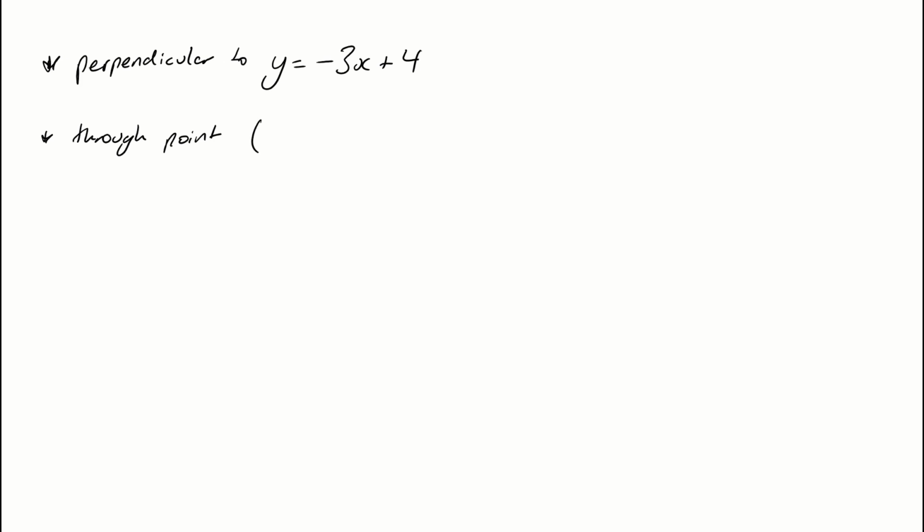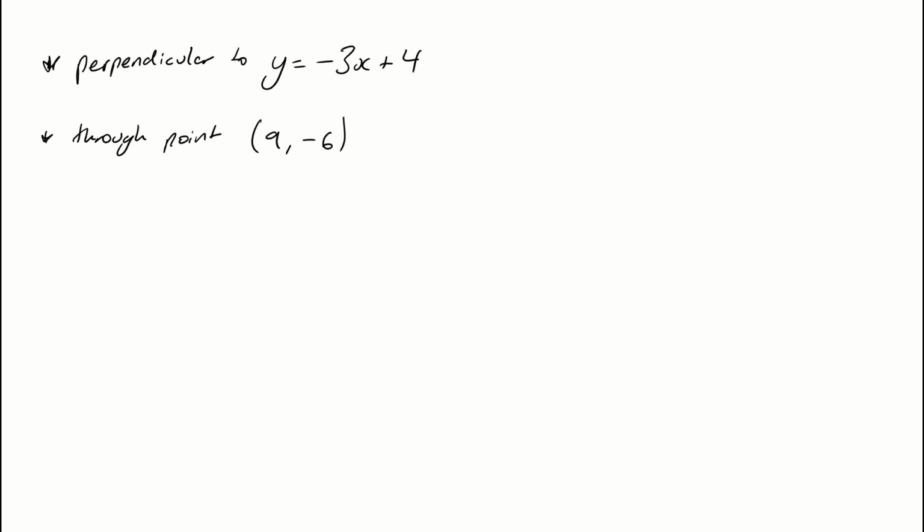Let's say that I want the equation of the perpendicular line that has to be perpendicular to y equals -3x plus 4, and that has to go through the point 9, -6.